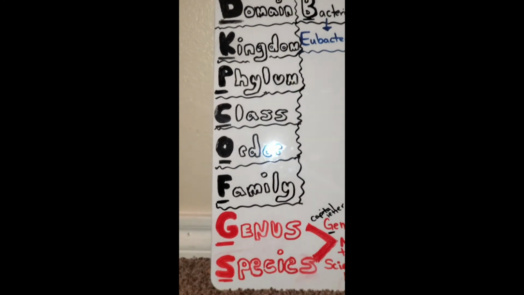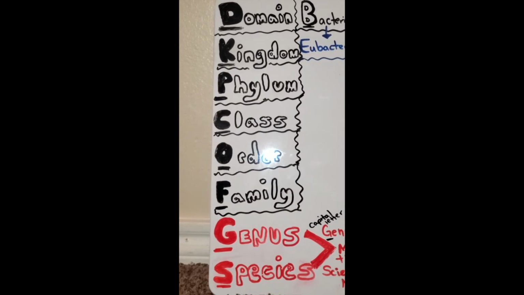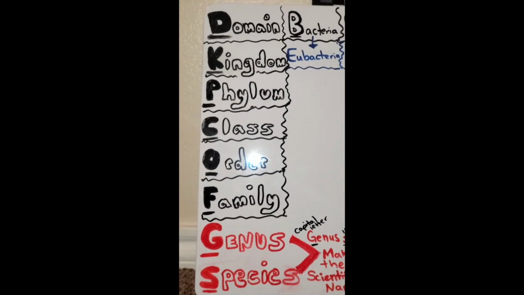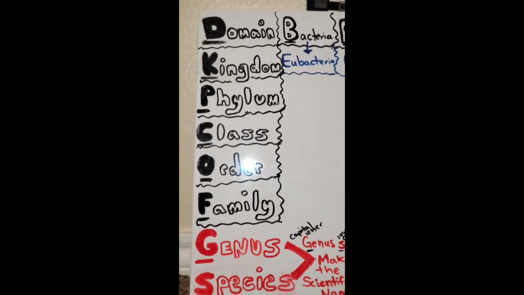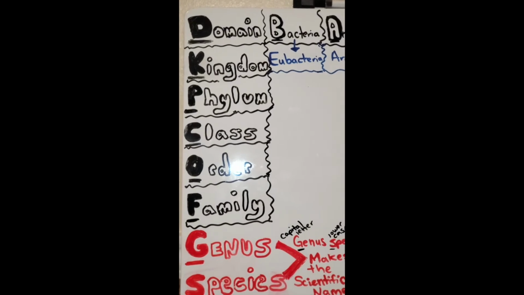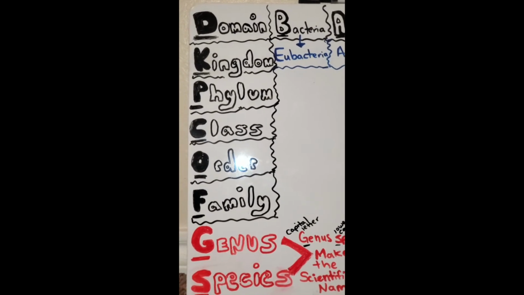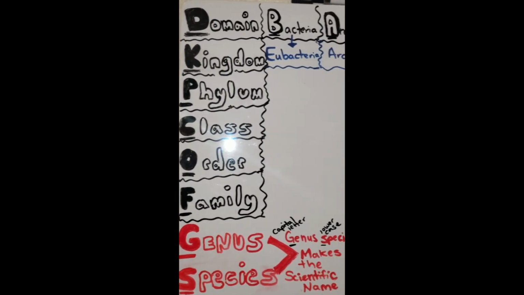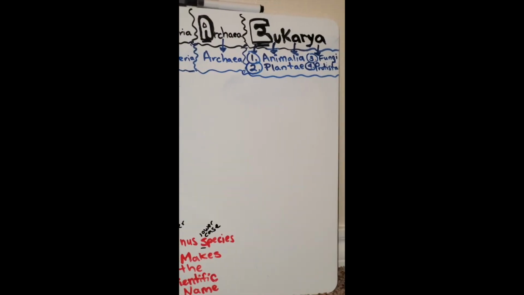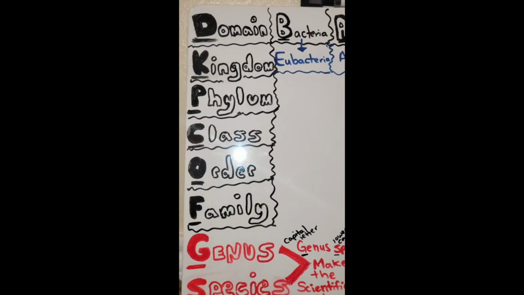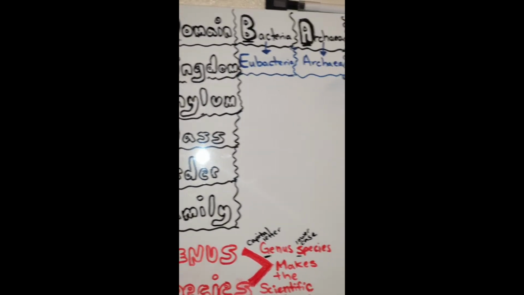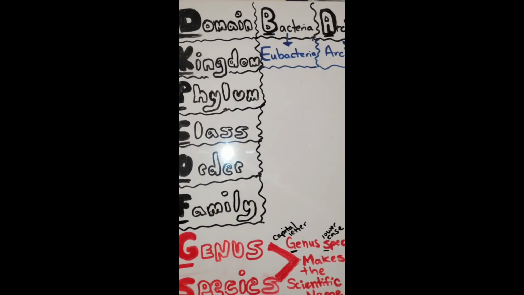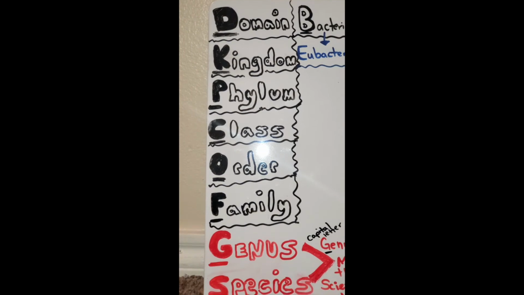Once again, domain, kingdom, phylum, class, order, family, genus, and species. How you classify all living organisms on planet Earth. For this video, we're going to focus on the domain called Eukarya, the kingdom called Animalia, and then I'm going to get into the phyla.